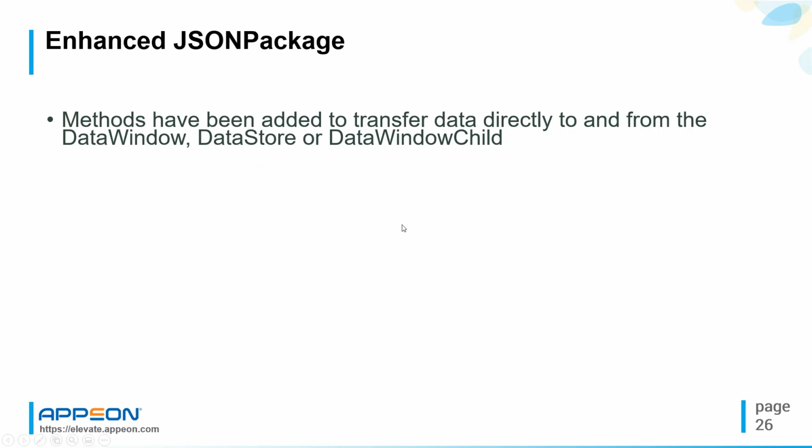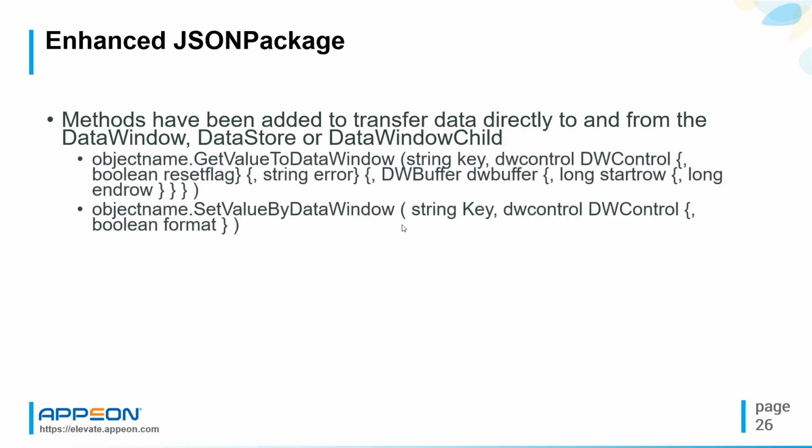So this would be the new key for this new block of data that you're going to add. You'll give a reference to the data window control, and then once again that could be a data store or data window child that has the data that you're going to add to the JSON Packager.